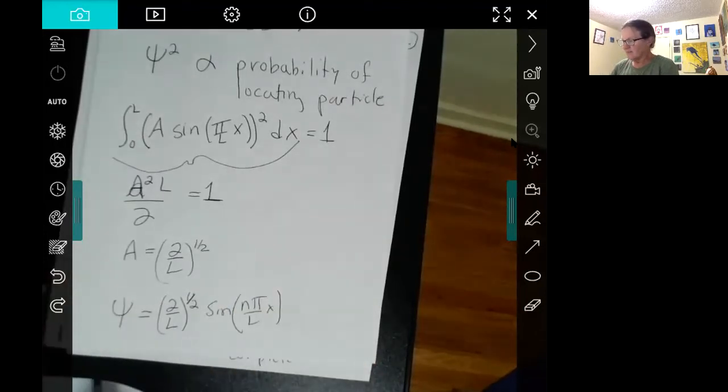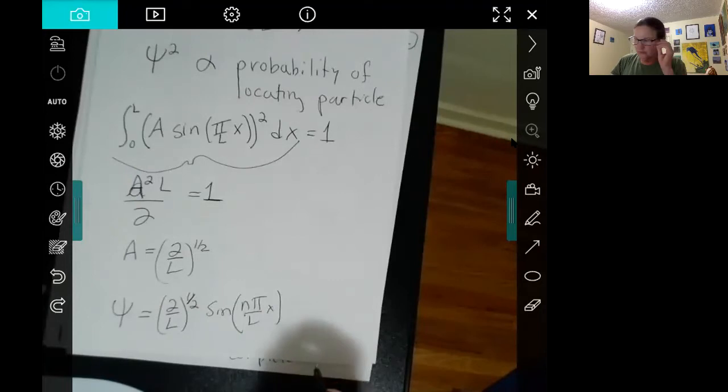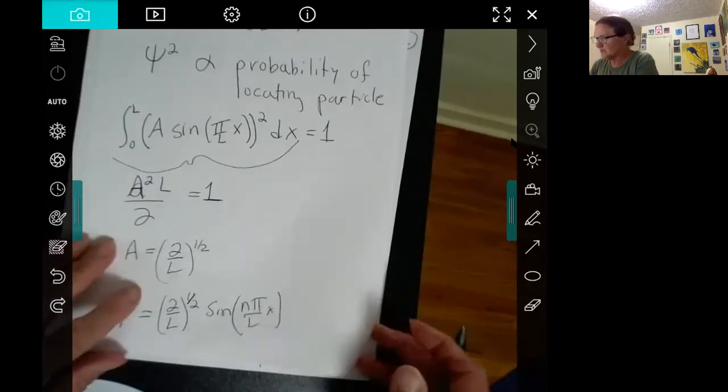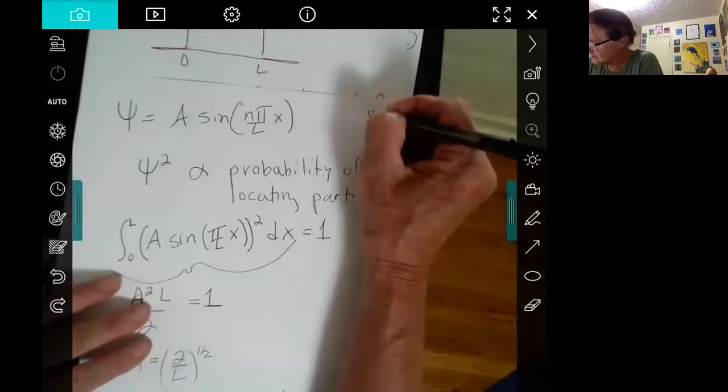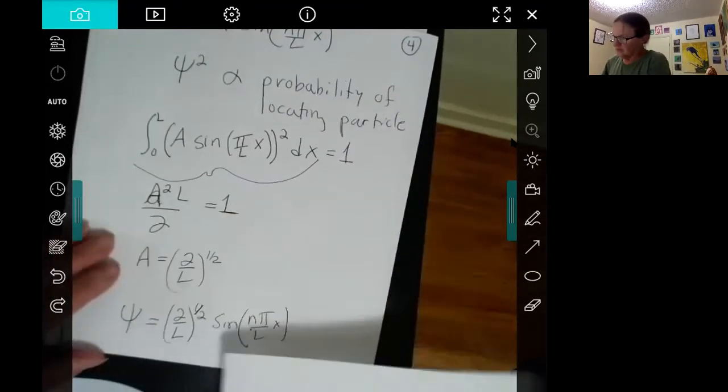So we've defined everything. So now we want to figure out what the allowed energies are. When we had to make this restriction that only integer values of n worked, that also restricted our energy. So let's just make sure that we can make sense out of that. So what is the energy?